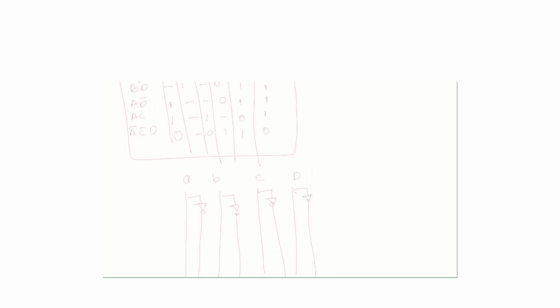So let's draw the PLA diagram. This would be A, B, C, D with inverted lines for every A, B, C and D. So let's write CD bar. This would be CD bar, so just write a cross here.